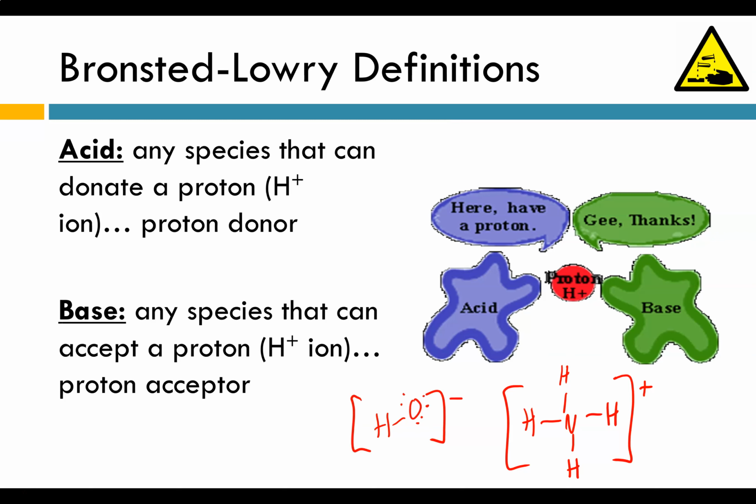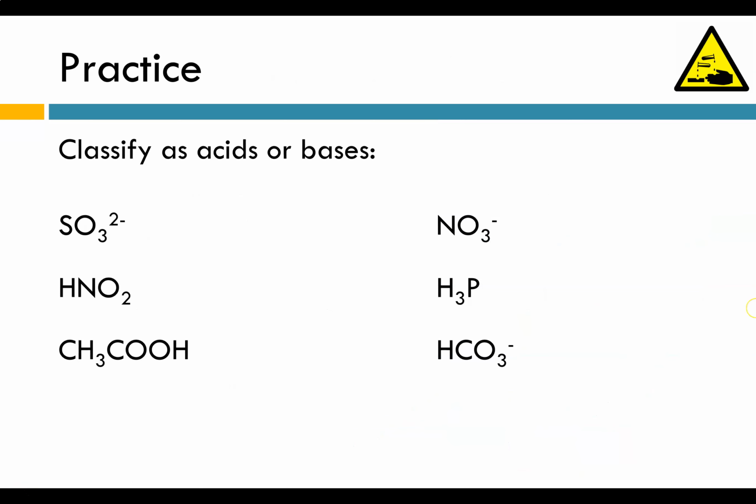All right, so let's see if we can define these next half dozen substances using the Bronsted-Lowry definition, or simply the Bronsted definition. We've got these 6 substances. We know in order to be classified as an acid, we have to have protons to donate.